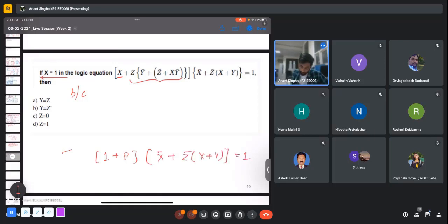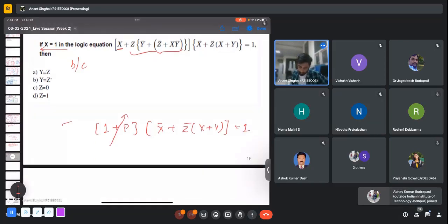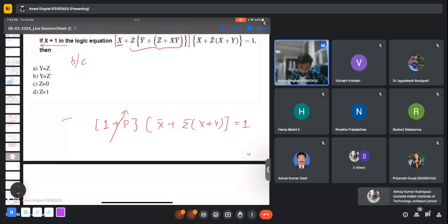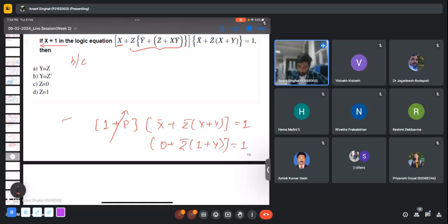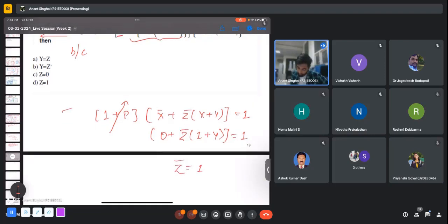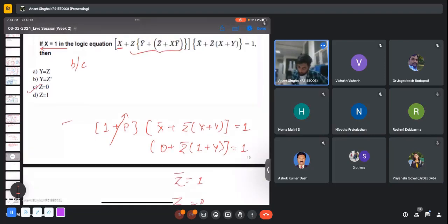This is 1, so I can neglect this term because it is 1 plus something. Since x is 1, I can write this as 0 plus z complement times 1 plus y. This will be again 1, and 1 plus anything will again be neglected. So z complement is 1, which will give me z as 0. So yeah, C will be correct.